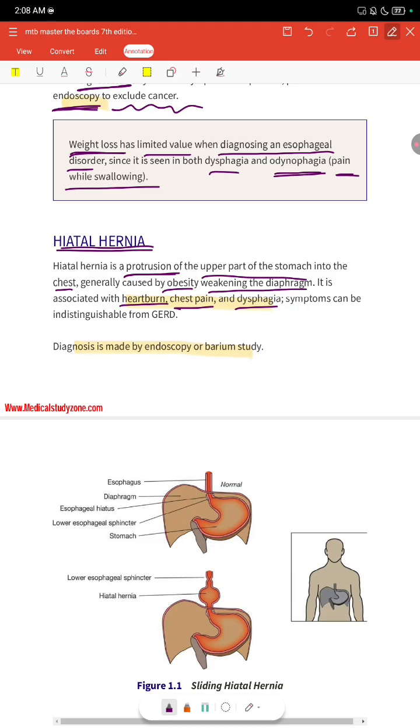And that is the reason that it is not so easily distinguishable from GERD, because these symptoms can be there in the patients of GERD as well, in the gastroesophageal reflux disorders: heartburn, chest pain, and dysphagia. So symptoms can be indistinguishable from GERD. Diagnosis is made by endoscopy or barium study.